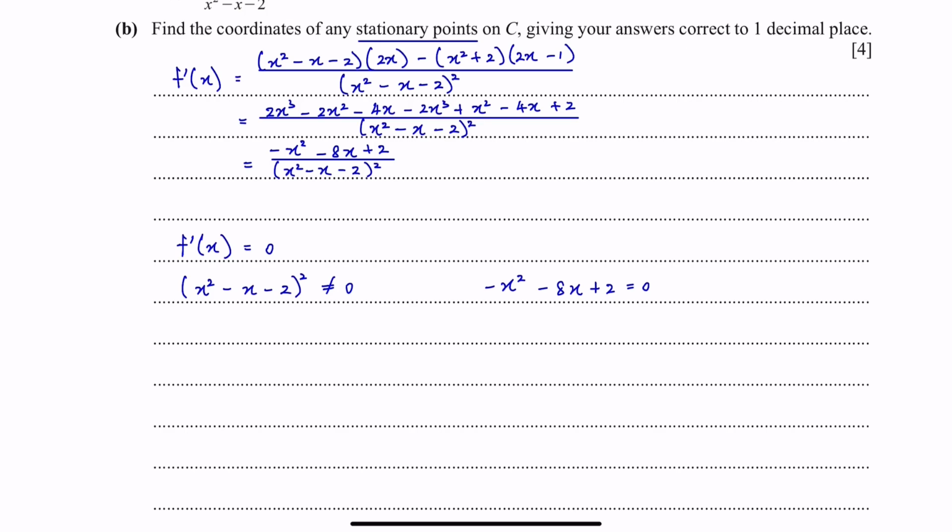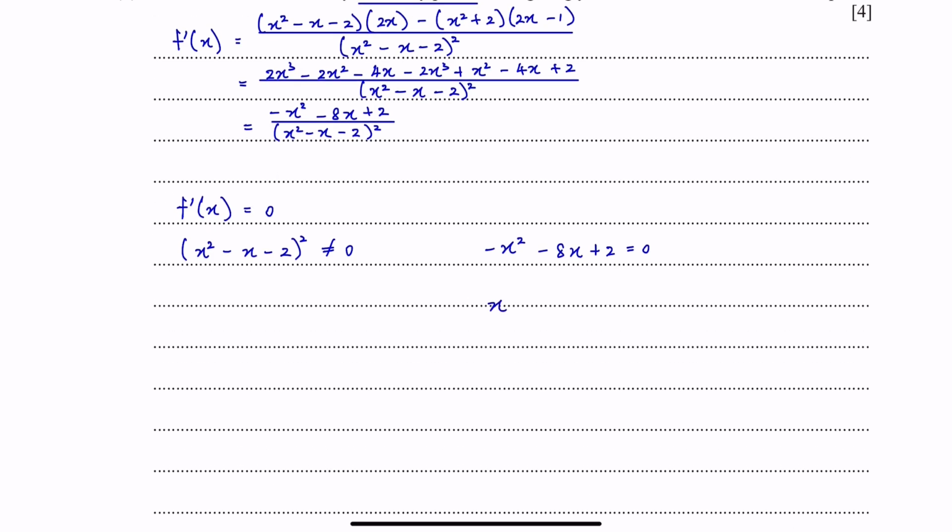And this cannot be factorized, so we need to use the formula to find x. So b squared minus 4ac over 2a.